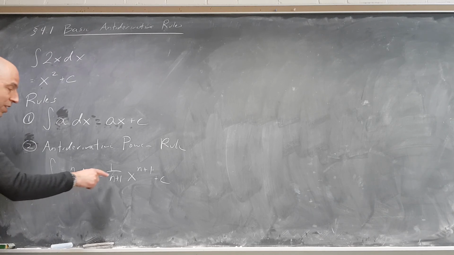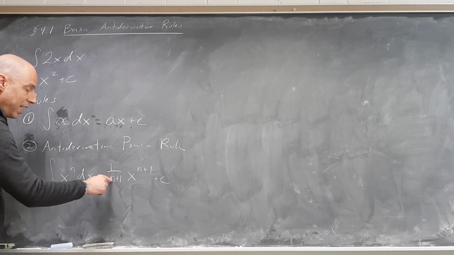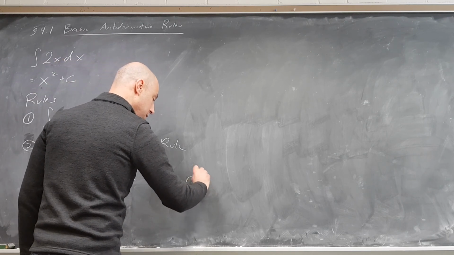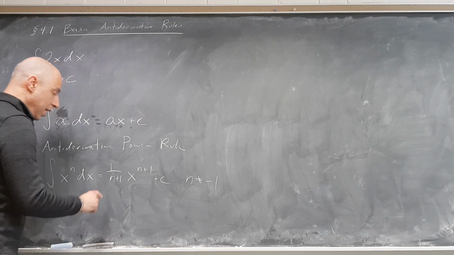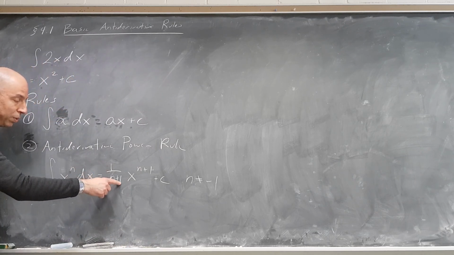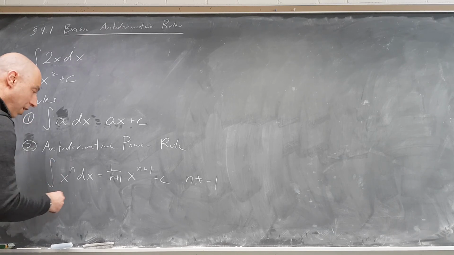And you can see that this only makes sense, especially this part right here, if n is not negative 1. If n is negative 1, then I end up with 1 over negative 1 plus 1, that's 0. So I can't use this on x to the minus 1, which is 1 over x. But it can be used on any other power.